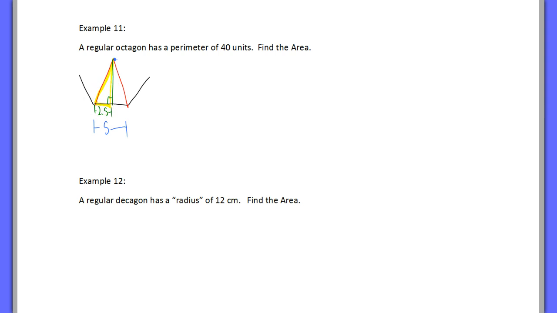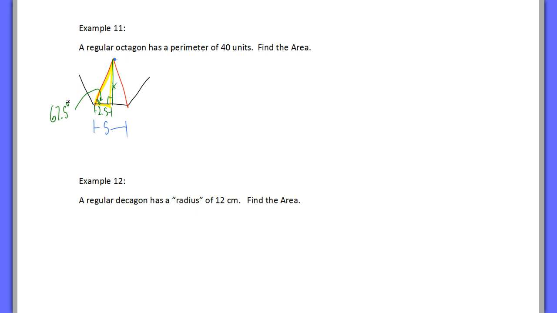Focusing on this right triangle, I want to know this length of x, which is the height of this little triangle, the apothem of the entire octagon. I need to know this angle down here in the corner. We're going to take 8 minus 2 times 180 divided by 8, our formula to find each angle in a regular polygon. Each angle is 135, so then if I divide that by 2, that makes this angle exactly 67.5 degrees.